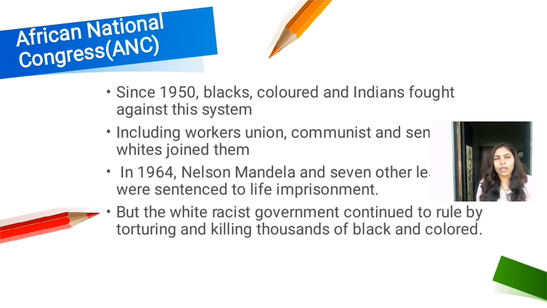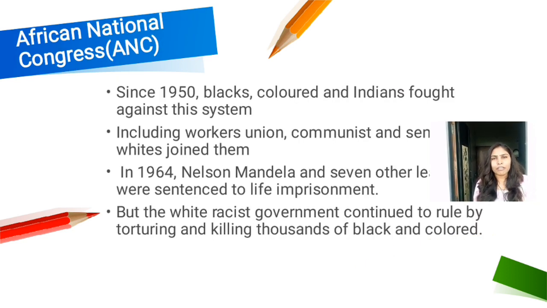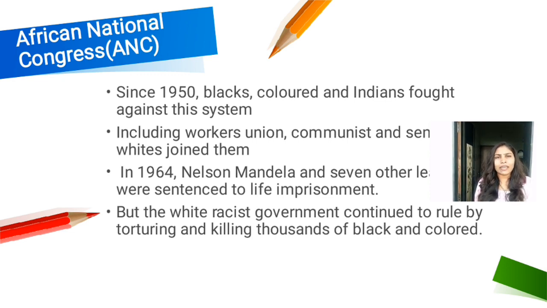So this is the political party which has struggled against the apartheid act. Since 1950, blacks, coloreds and Indians fought against this system. Even our leader Mahatma Gandhi started satyagraha from South Africa, where he was practicing law, and over there he was discriminated against, so he started this movement.